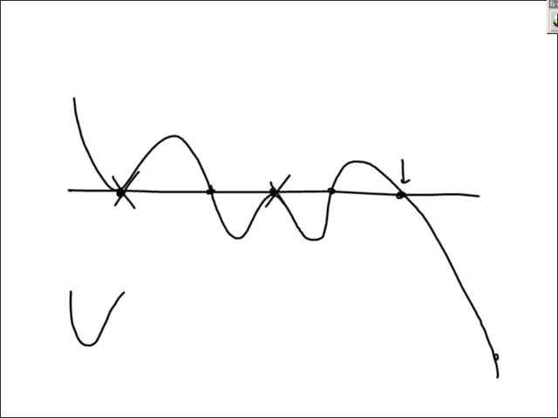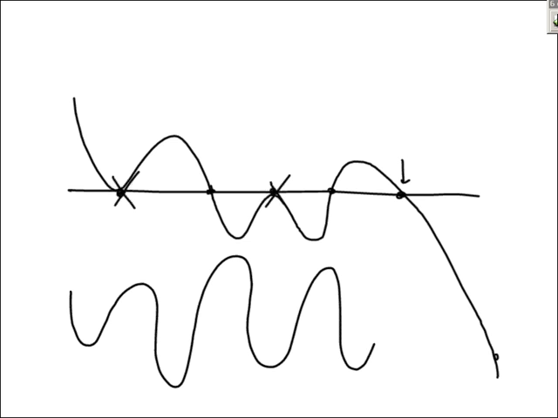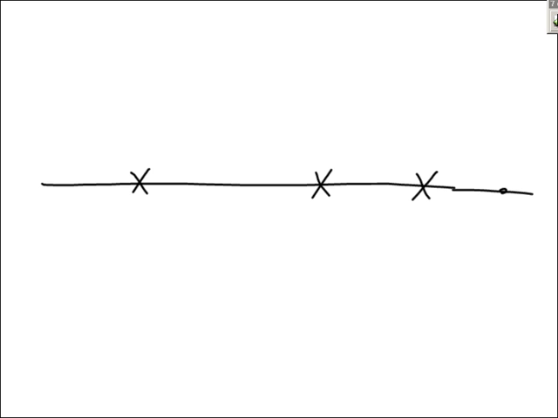Notice I'm only drawing things that look like this. Either we just touch or we cross. If we don't just touch, that means we cross. If I just touch here and here and here, and I also cross here and here and here, and I'm up here when x is large, I'm positive.